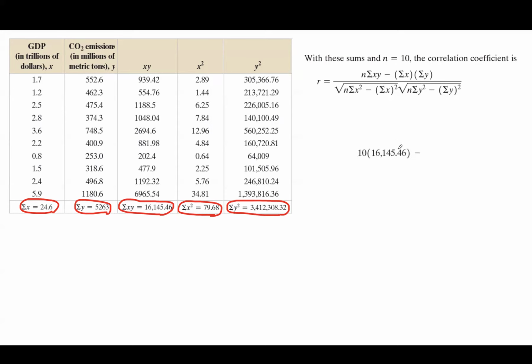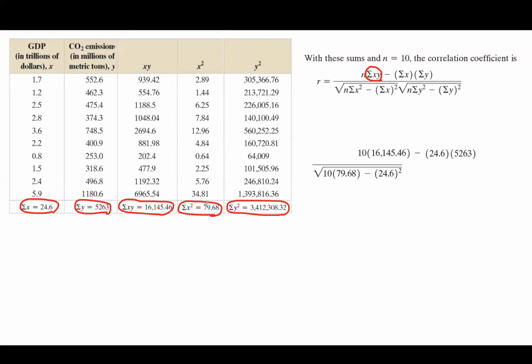You have 10 times the summation of x, y's that we calculated here, 16,145.46. You just plug that in here, minus the summation of x times the summation of y's that you calculated here, 24.6, multiplied by 5,263, and divide everything by the square root of n, which is 10, times the summation of x squared.